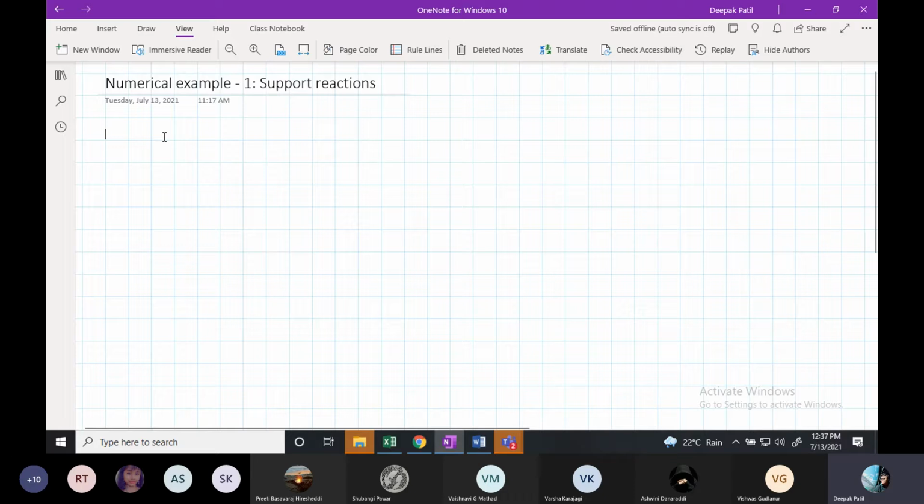Find the support reactions for the beam shown in the figure below.